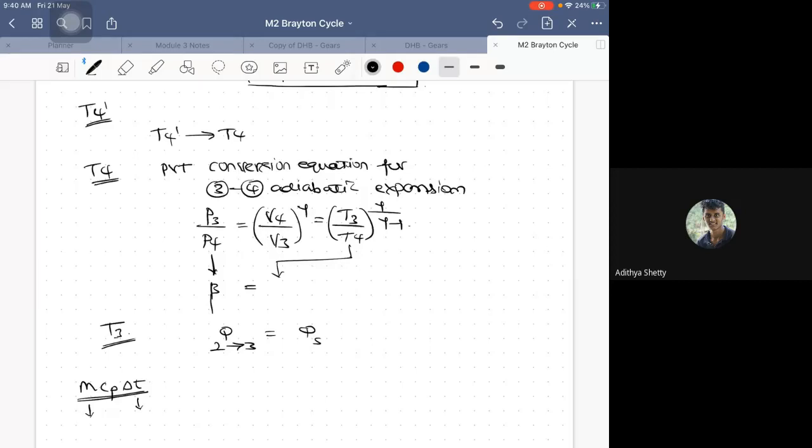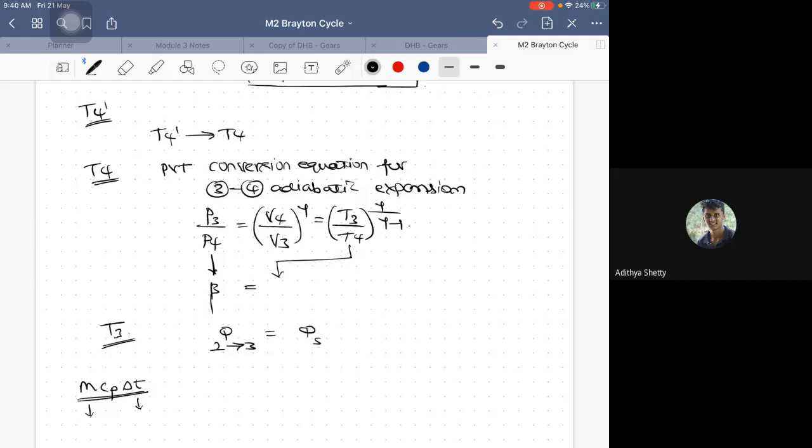The fuel gets entered from point 2, so both air and fuel burn in the combustion chamber and then enter into the turbine. Now, what is m and what is delta T?